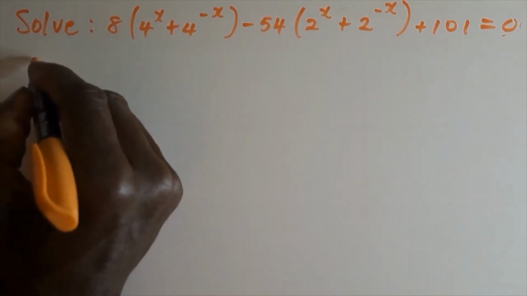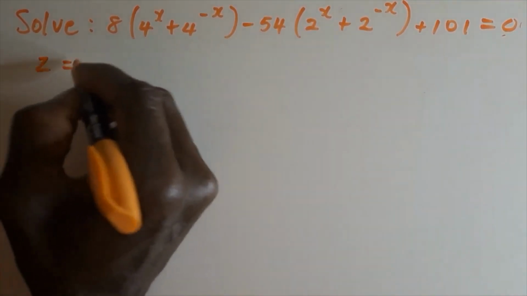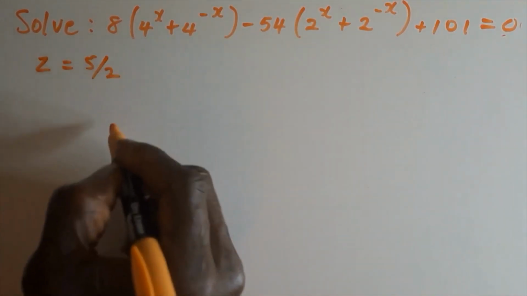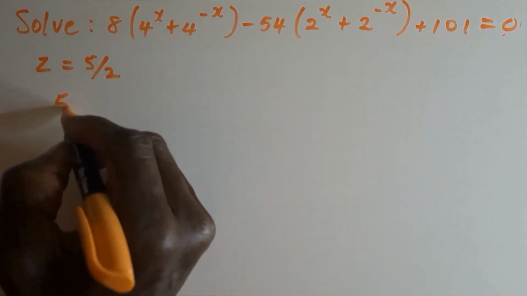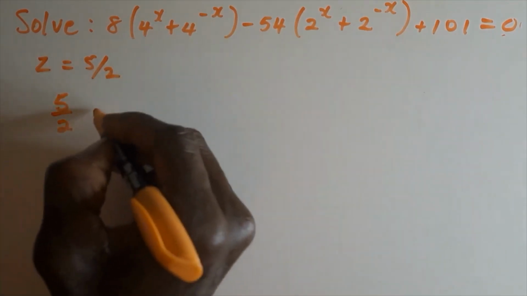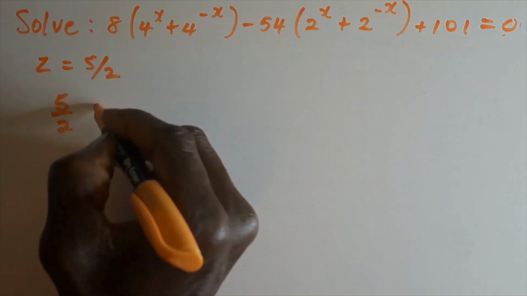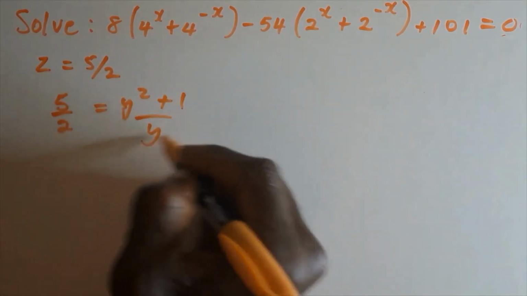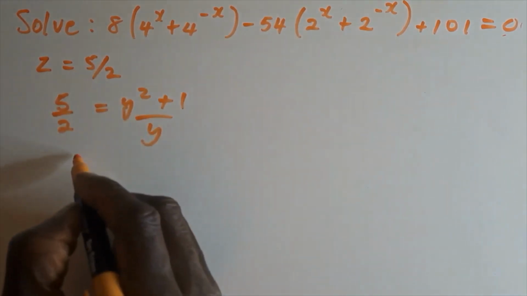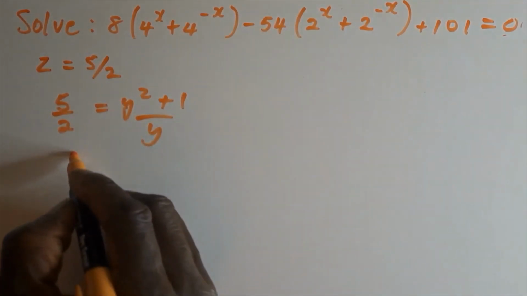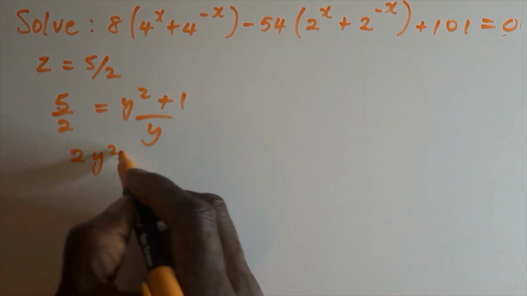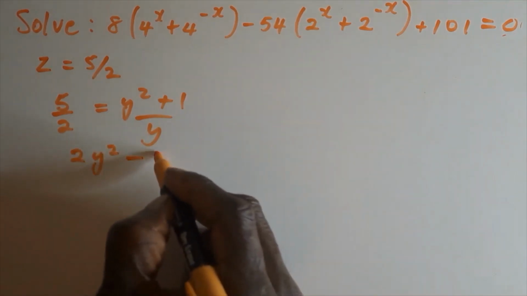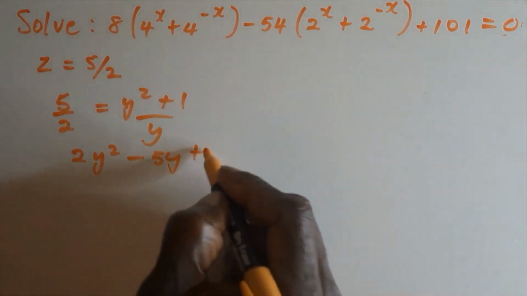Right, our next value of z was 5 over 2. And so now we use 5 over 2 along with y squared add 1 over y, which gives us the quadratic 2y squared minus 5y add 2 equals 0.